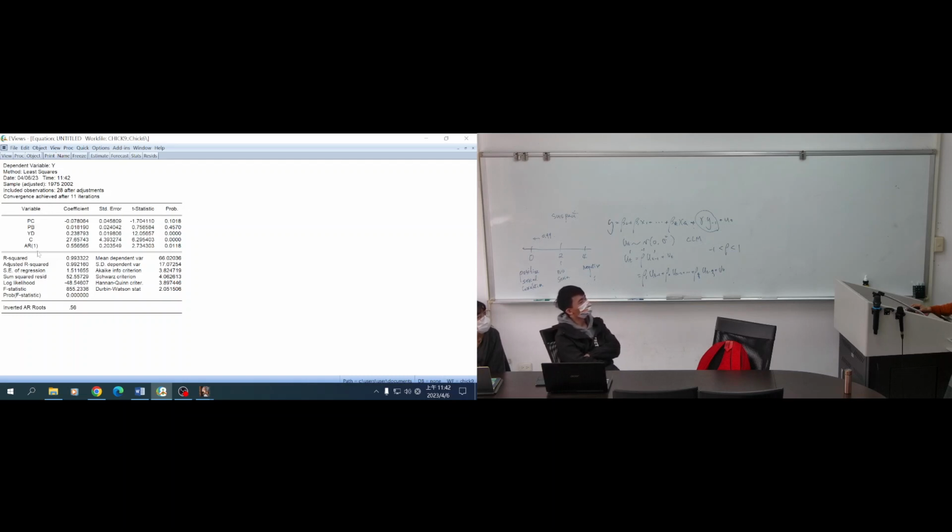And just look at this AR1. So this is the remedy, right? I put another term called AR1, and then I fixed the original OLS estimation. And did you see these numbers? Did I just show the rho here?